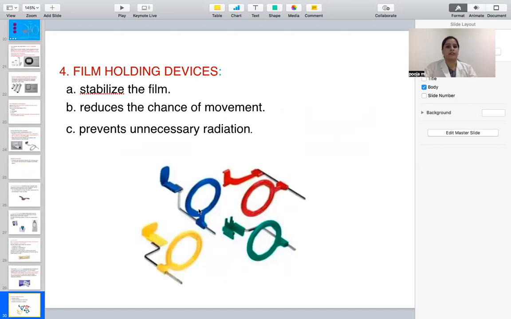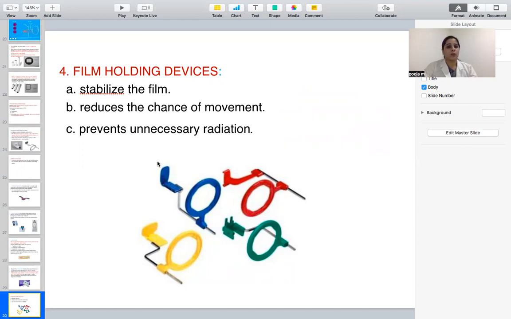Film holding devices are attached over your position indicating devices, so that the use of a finger is avoided. This film holding device is used to stabilize the film, and it reduces the chances of movement of the film.